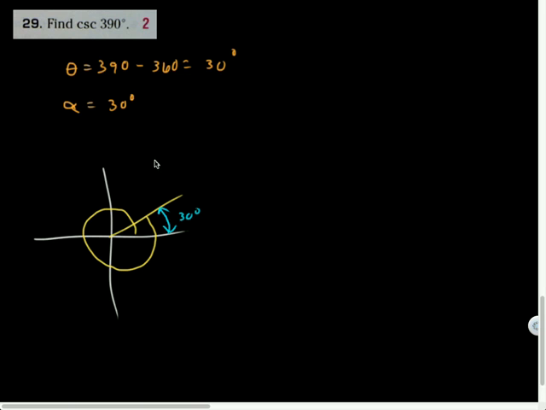Actually, sine, cosine, cosecant, and secant are all positive in this quadrant. So this is going to be positive as well. So if I want to calculate this, I could say that cosecant of 390 is equal to the reciprocal of sine of 30. Sine of 30 is a half, and if I reciprocate 1/2, I get 2.